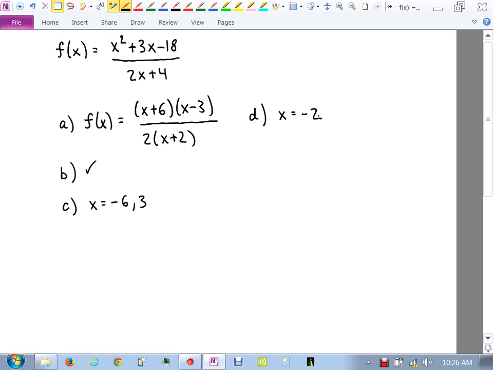Okay, step E. What case do we have? The degree of the numerator is 2, right? Degree of denominator is 1. Which case? Case 2. The degree of the numerator is bigger than the degree of the denominator.